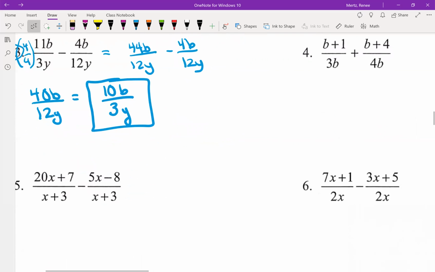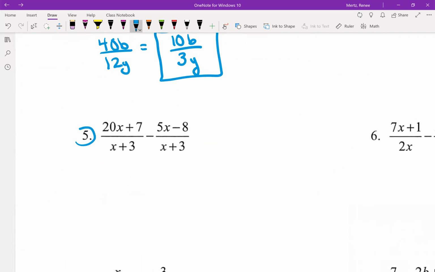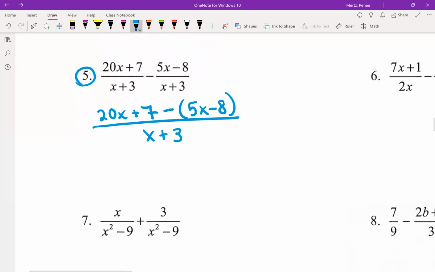Let's go with 5, it's a great one. So this is the first time we're looking at subtracting a binomial. So they have common denominators. So basically what I'm thinking is this, minus parenthesis 5x minus 8 all over x plus 3. Distribute the negative.